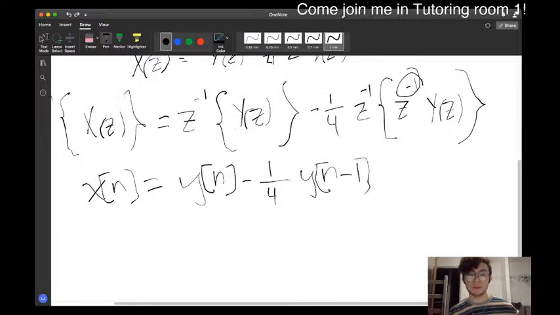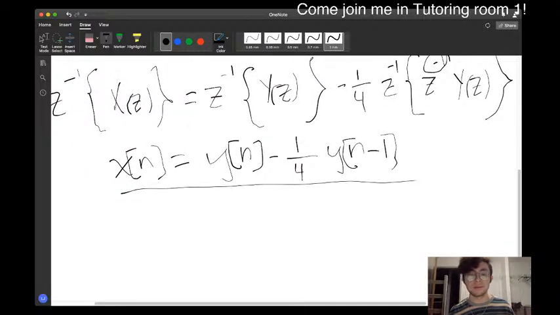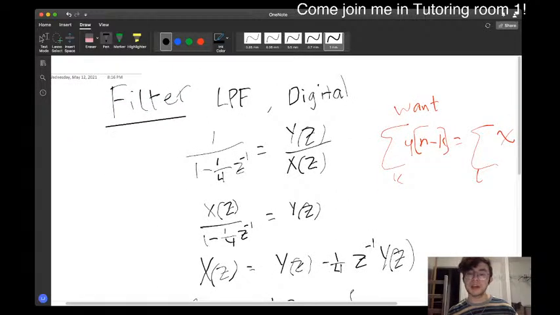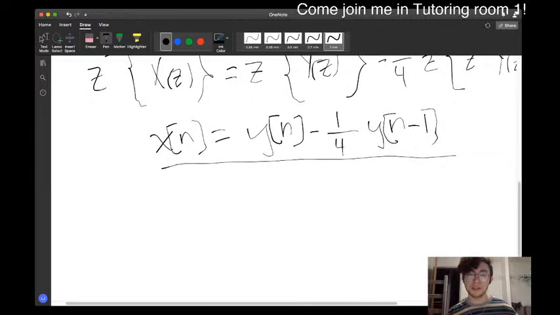And great, so we got this input-output relation. We get this difference equation. Since we're implementing this as a digital filter, we're implementing that in the time domain, so we can just write a for loop, where we get x[n] is equal to y[n], and then minus that for n.